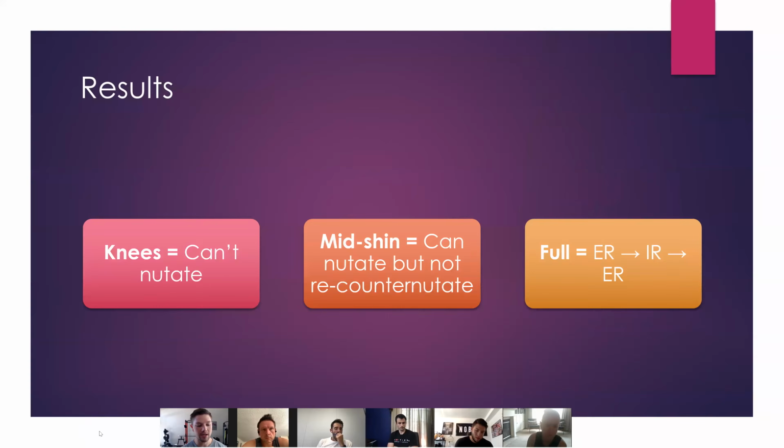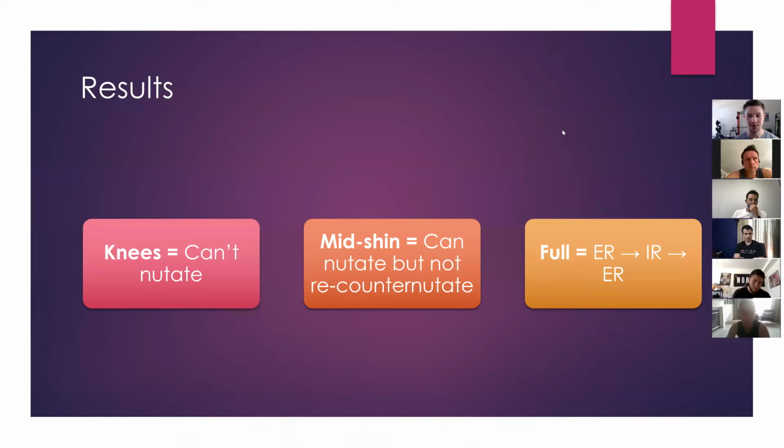So if you can get to your knees, and this is all generally speaking, some people have very long legs, makes it very challenging, but for the average human, if you can get to your knees and you get stuck there, you can't nutate. Because think about how much hip flexion you're going to be needing to get in. If you get to mid shin, which would be generally 90 to 100 degrees of hip flexion, then that means you can nutate, but if you get stuck there, you can't re-counter nutate. And then if it's full, you can go from ER to IR back to ER.